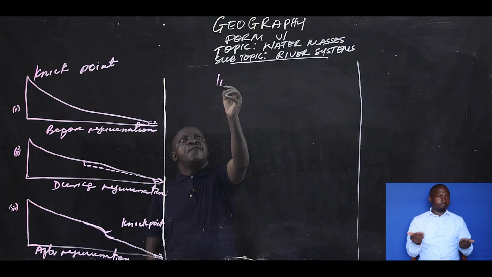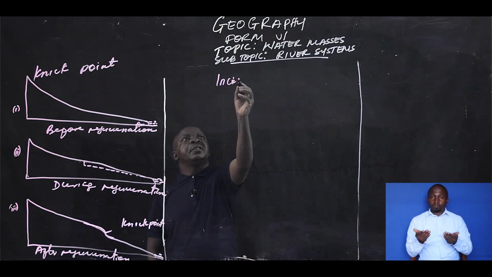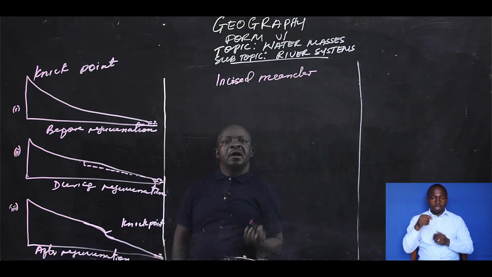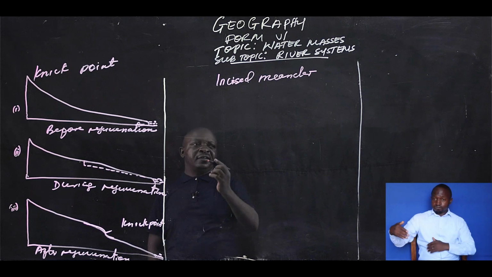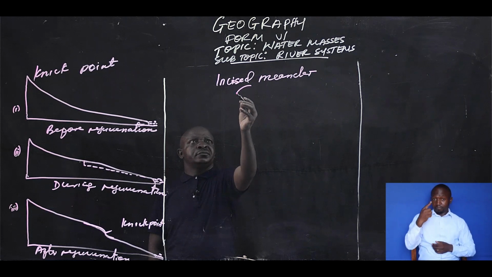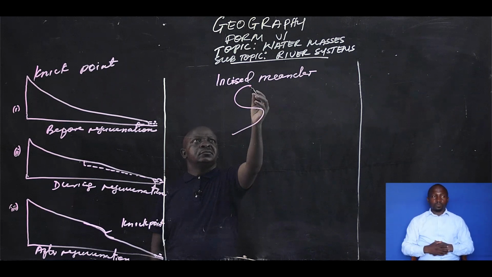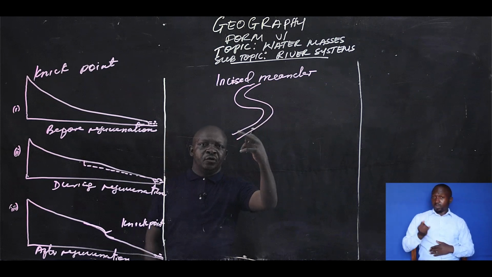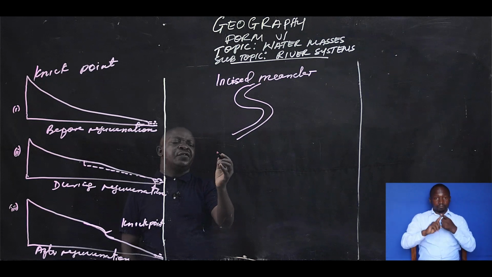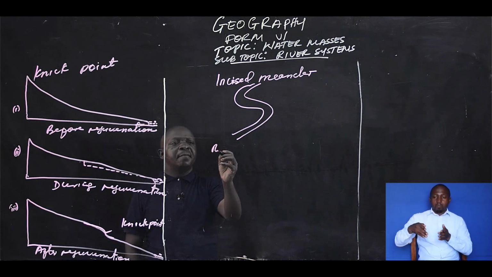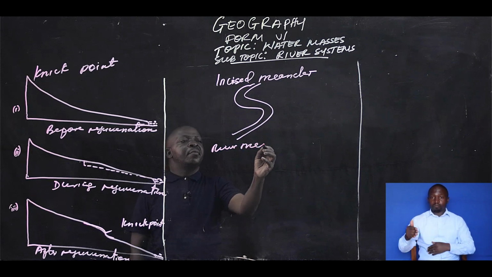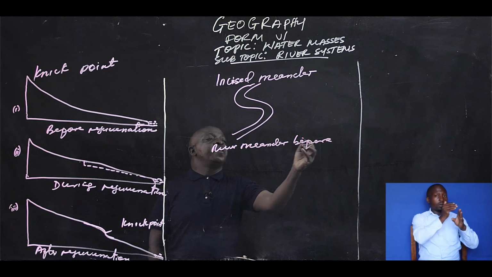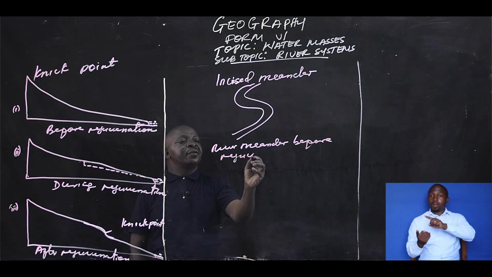Then we have the feature of incised meander. Look here, class. This diagram you follow is of a river meander before rejuvenation.